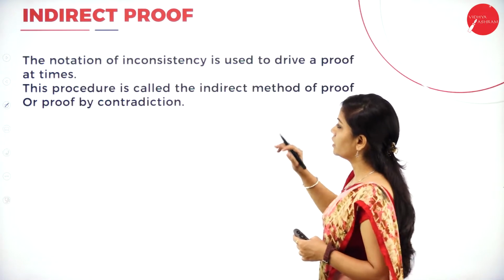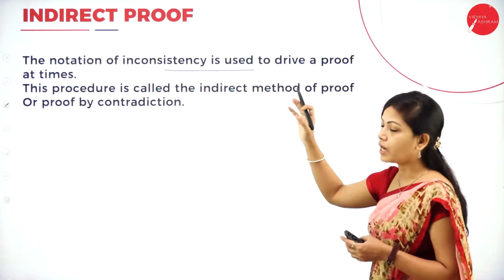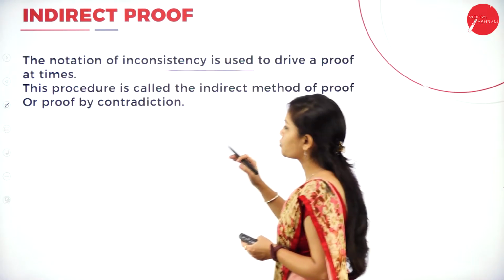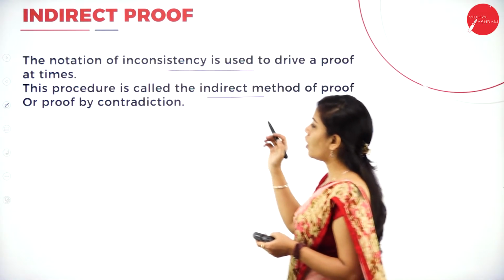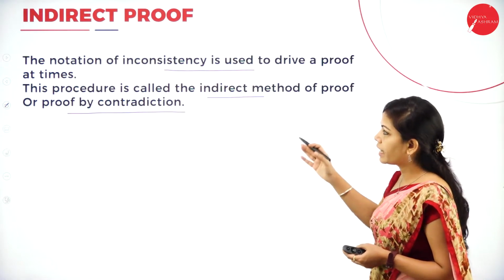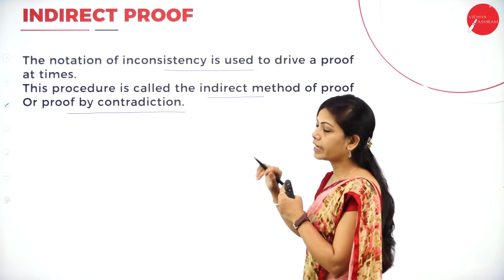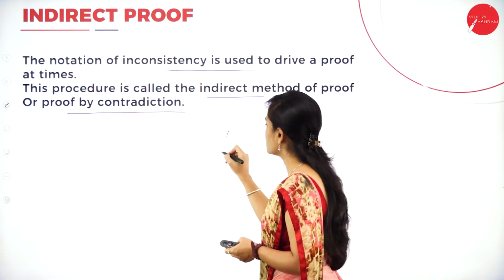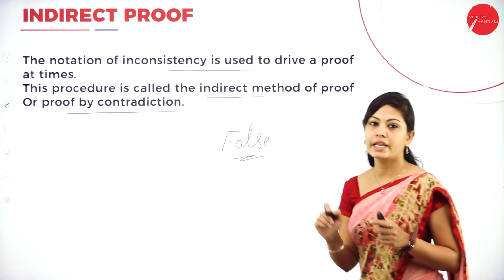The notion of inconsistency is used to drive a proof at times, and this procedure is called indirect method or indirect proof or proof by contradiction. In direct method, we assume the hypothesis is true, but in indirect method, we assume the hypothesis is false.